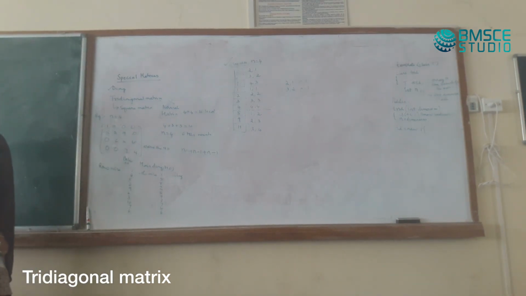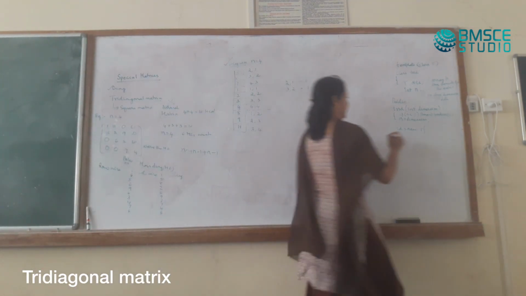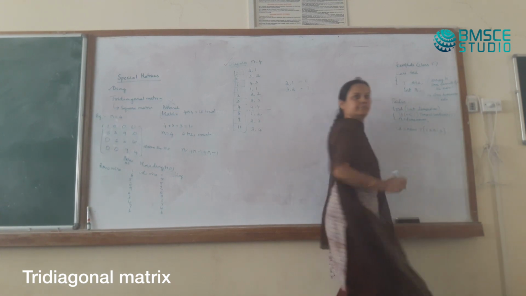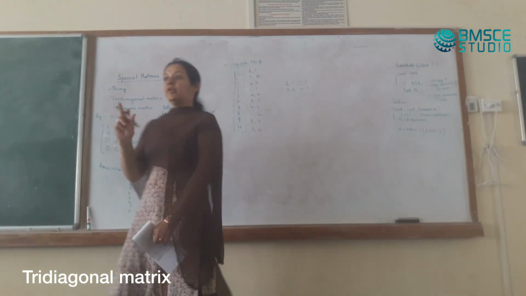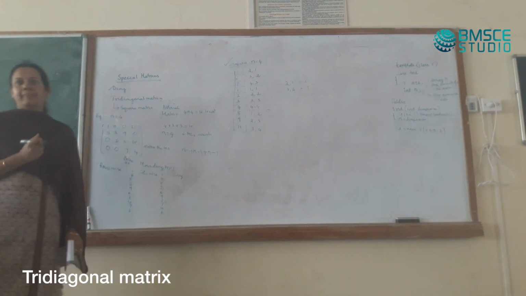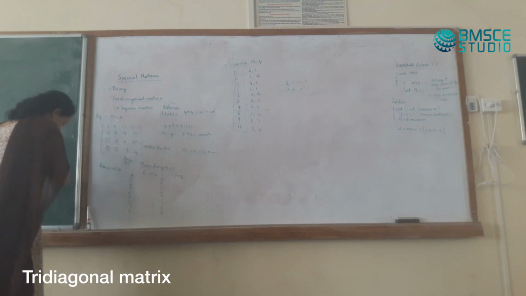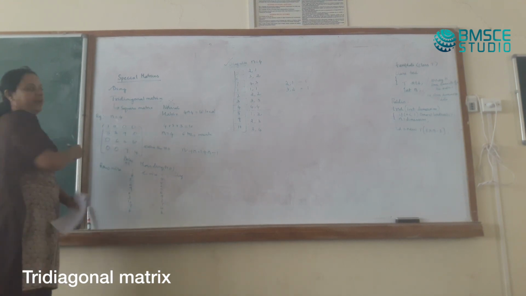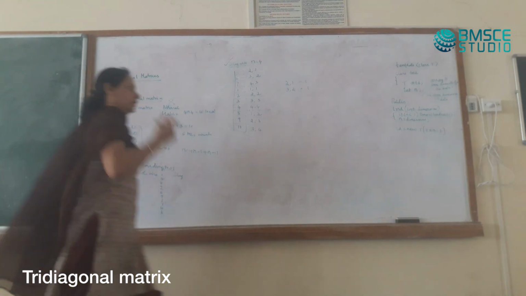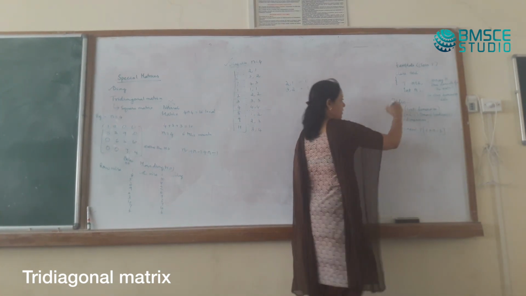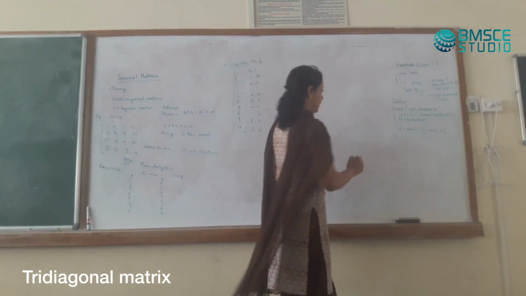So the total memory location is 3n minus 2. It should work for any n. That's the idea. Otherwise, we could have taken it as 10 also, but that 10 is okay only for n equal to 4. So this is it for the constructor.